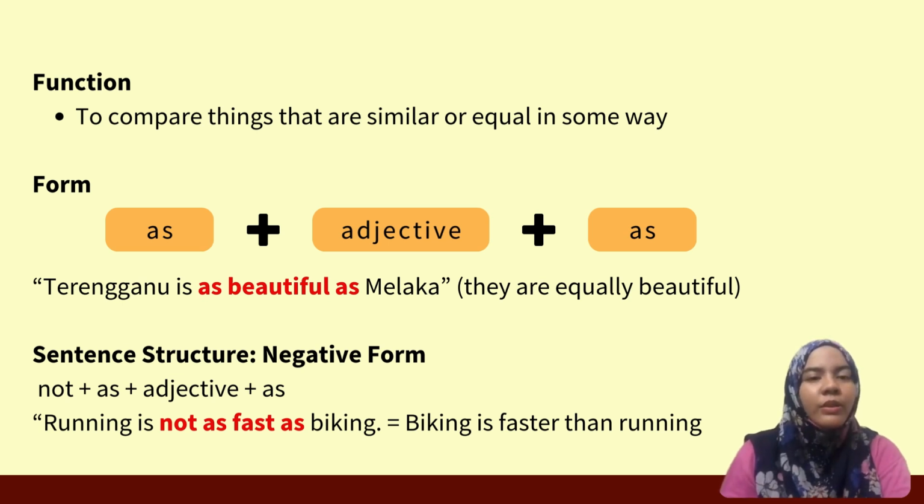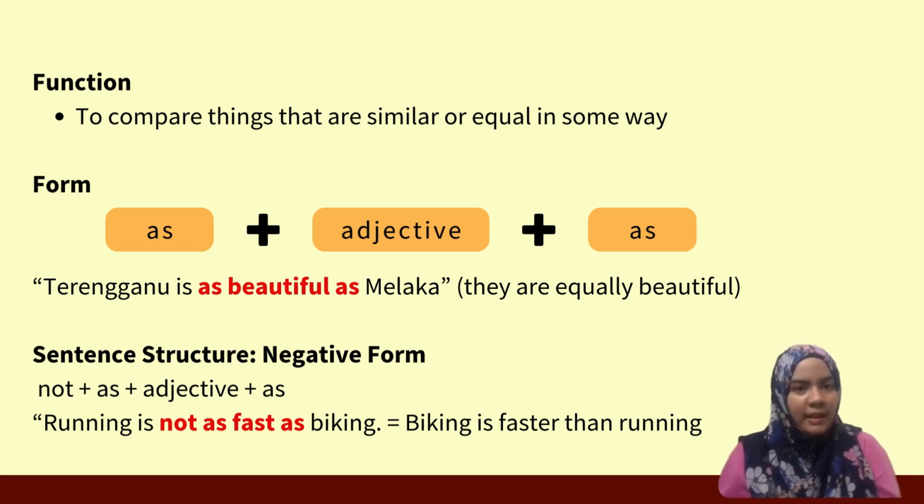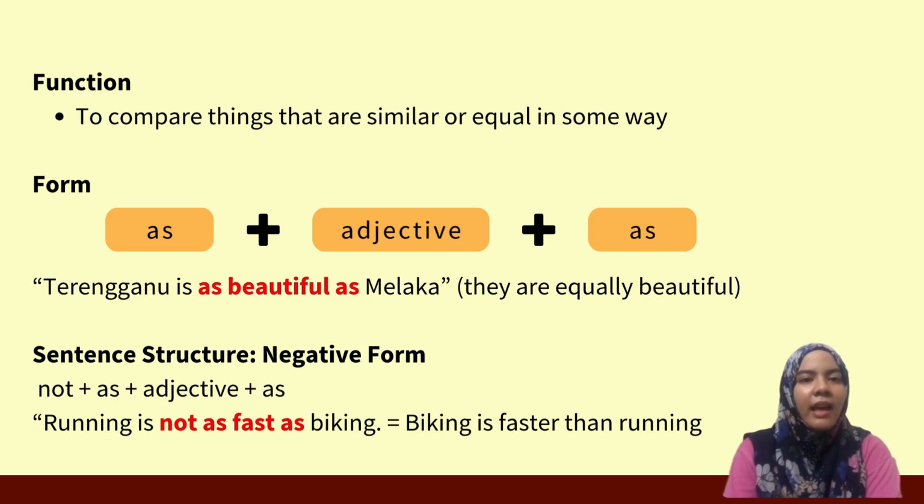So we use as plus adjective plus as to compare things that are similar or equal in some way. We know that the form is as plus adjective plus as. For example, Terengganu is as beautiful as Melaka. This sentence has the meaning that both Terengganu and Melaka are equally beautiful.